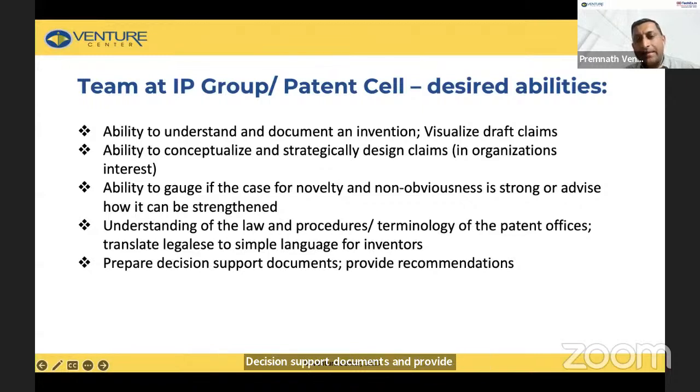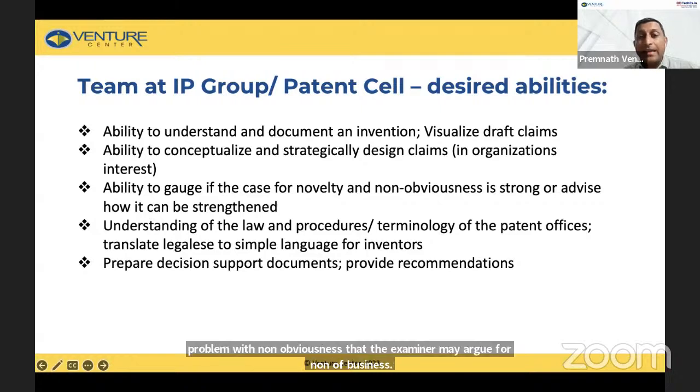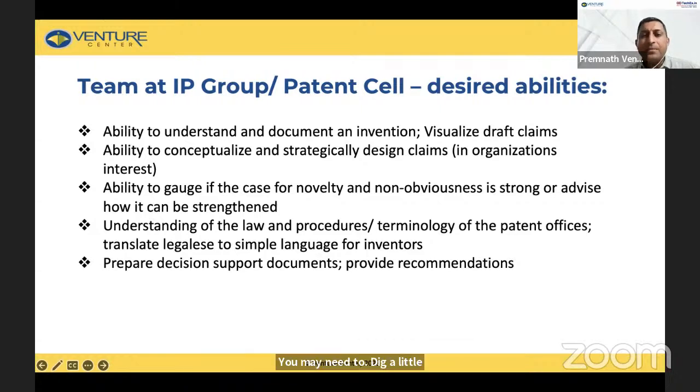So if there is a particular invention, and let's say that the invention is weak on what is called non-obviousness. There's a novel element to it, but there is a problem with non-obviousness. That means the examiner may argue against non-obviousness. You may need to dig a little deeper, such that the inventor puts out information which clearly articulates what is non-obvious.